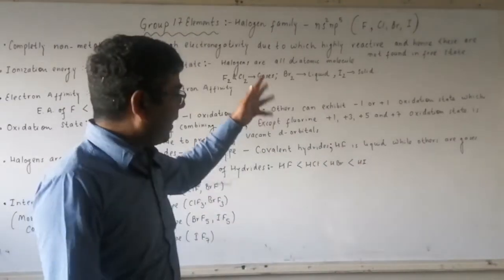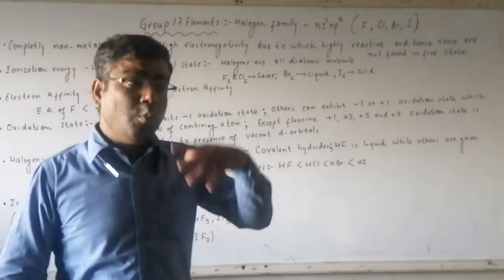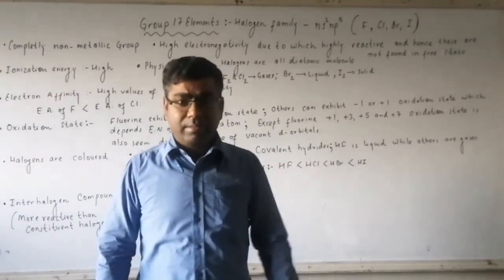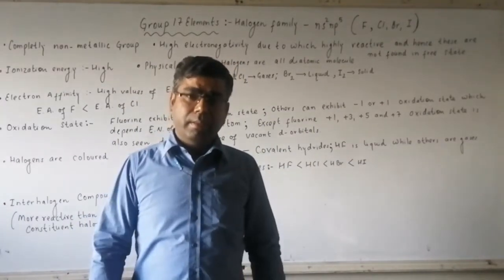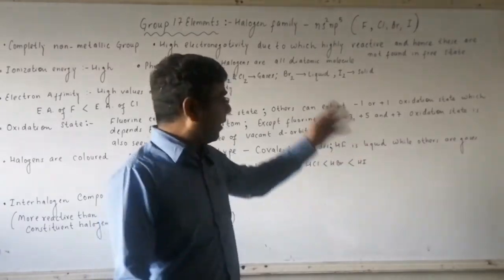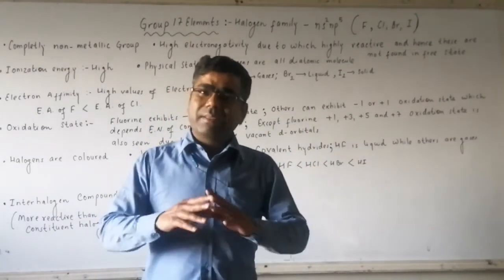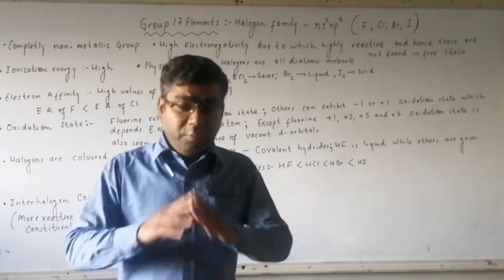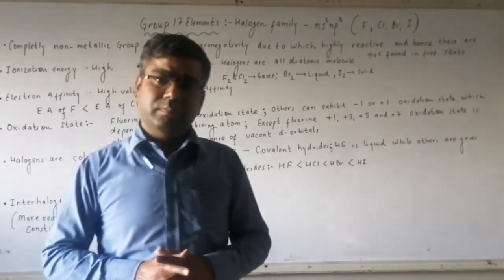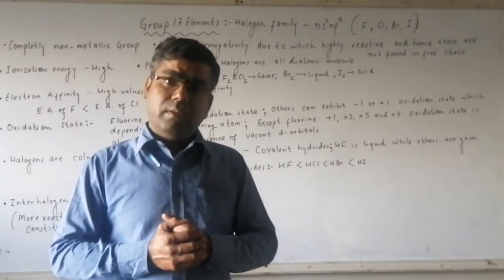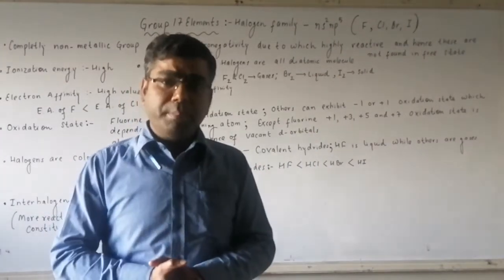So due to high electronegativity, they have more affinity for highly electropositive elements or metals. That's why these elements do not exist in free state in nature. They undergo chemical combination with metals and form compounds.